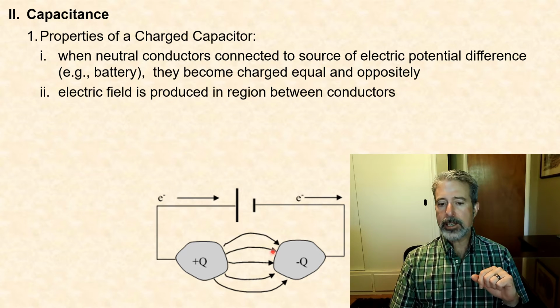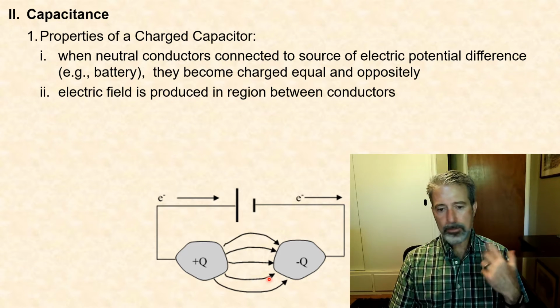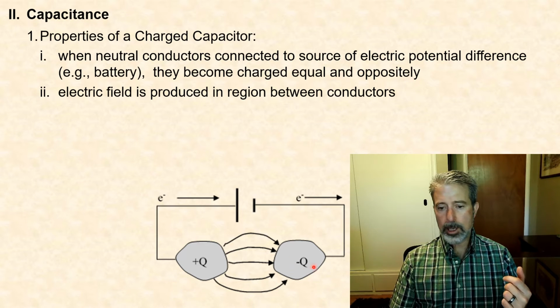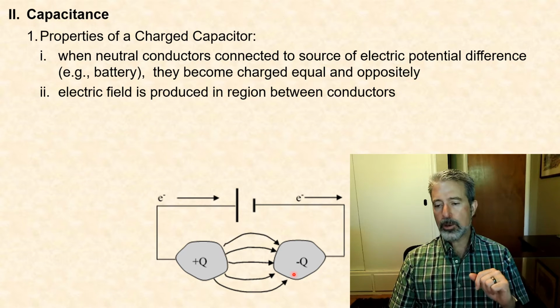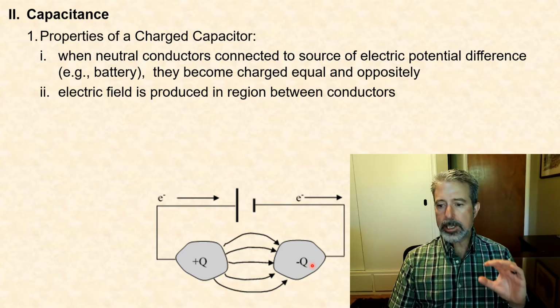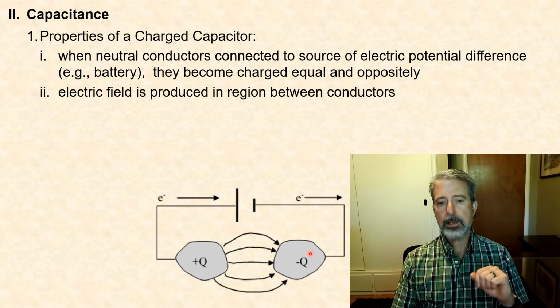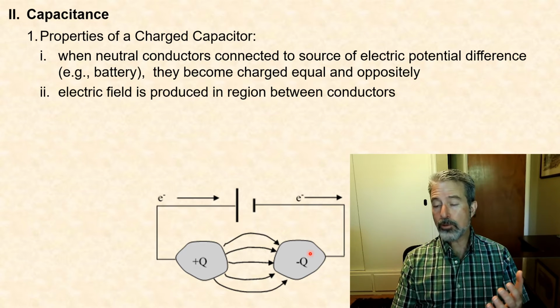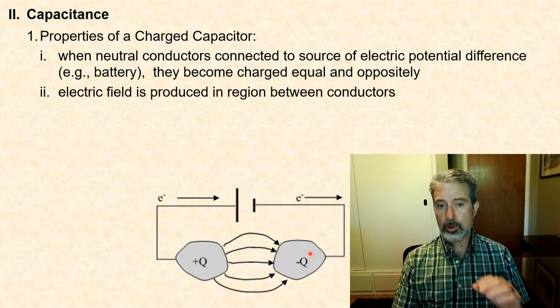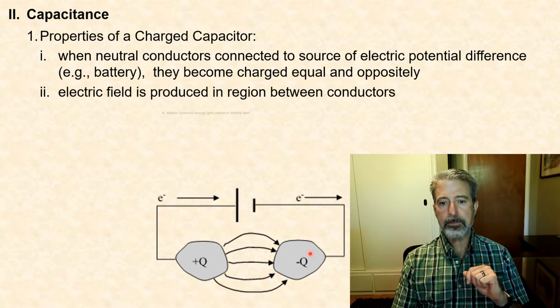You'll notice here that in the region between the conductors, because of this charge separation, an electric field is established in that region. We're going to talk in much greater detail about the properties of this electric field later. But for now, realize that there's an electric field established there, and as we will find out, electric fields store electric potential energy.